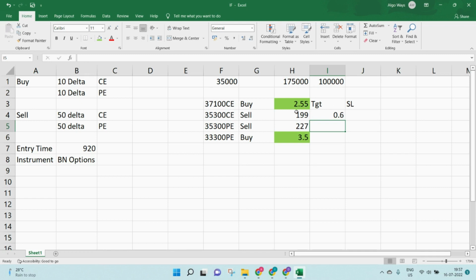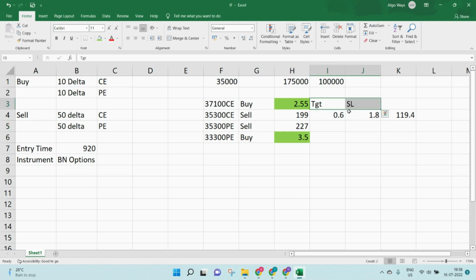In this case, 199 into 0.6, so when the premium goes to 119, we will exit this CE leg and re-enter the ATM strike again. It may be the same strike, it may be another strike. And for the stop loss, I am just taking this as a typical example for explanation. We will see what the best combination of target and stop loss is. Say 1.8, 80%.